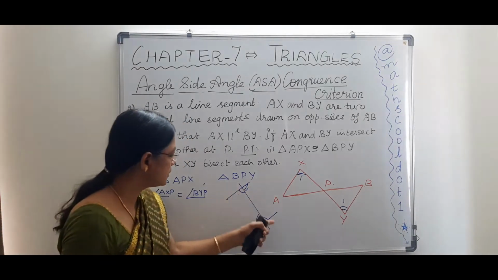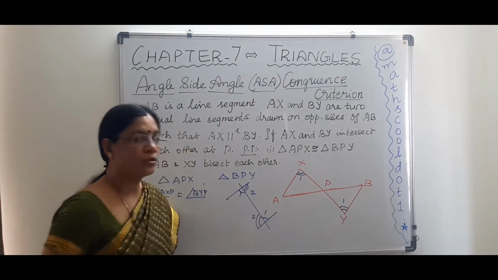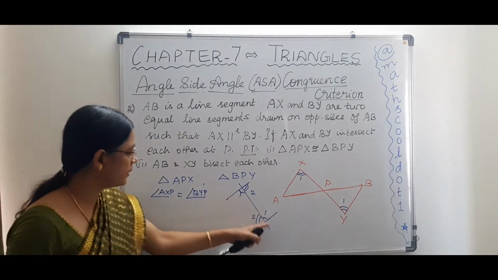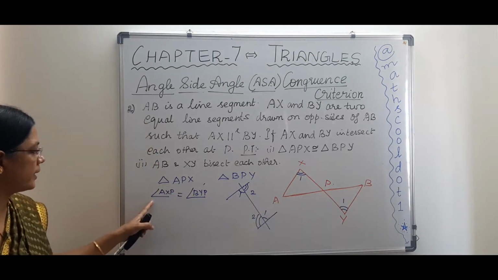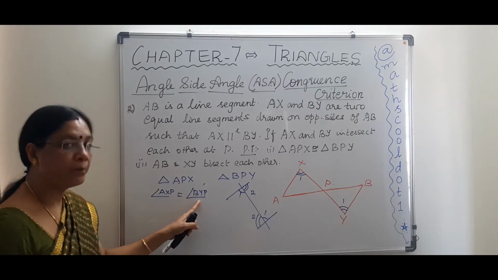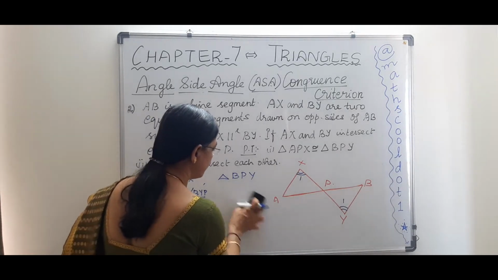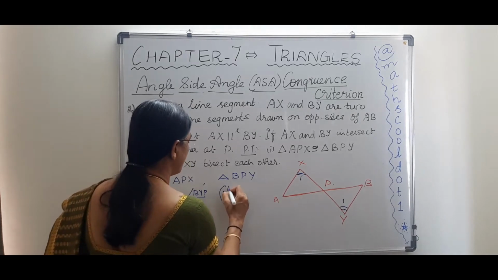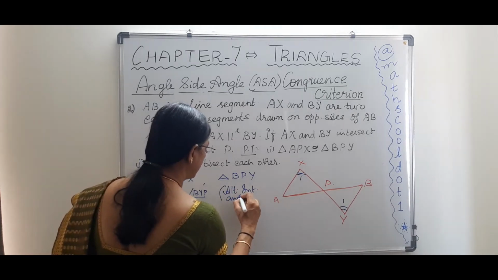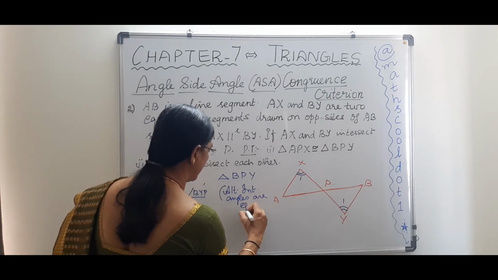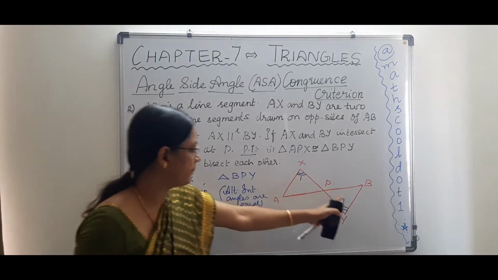See, 1, 1 and 2, 2. I can name it like this so that it will be easy for you to understand. So alternate interior angles are equal. So AXP is equal to BYP. Now we can write the justification for this step as alternate interior angles are equal. You understand? So this is one part.